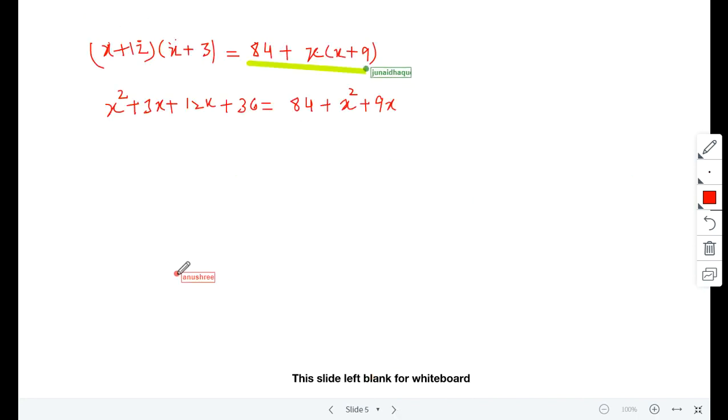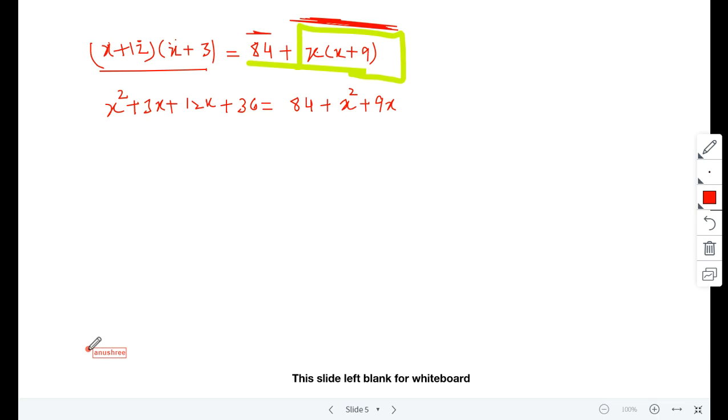But I don't understand where this part has come from. Yes, this is a, the original area, because the question says the area of the new rectangle is 84 centimeter squared more than the given rectangle. So the area of the new rectangle is 84 more than the original rectangle area, and this is the area of the original rectangle. Oh, but can I just check the question quickly?